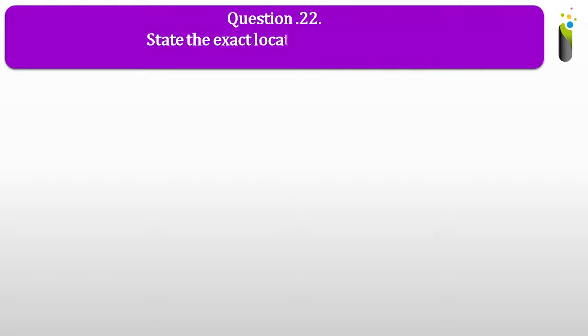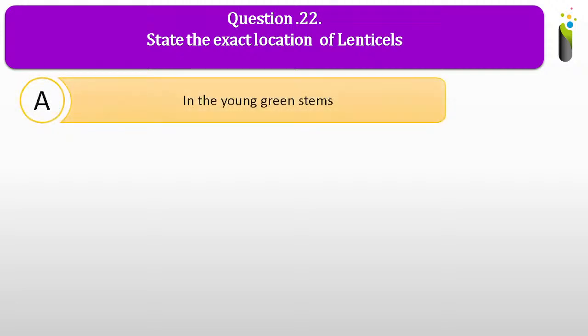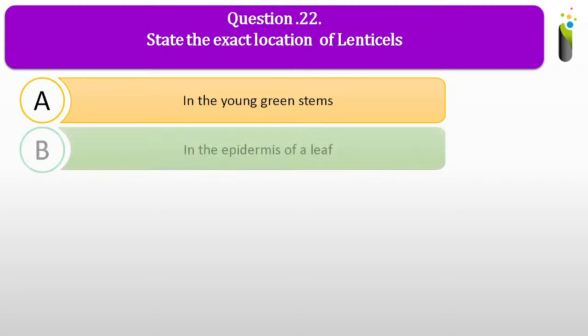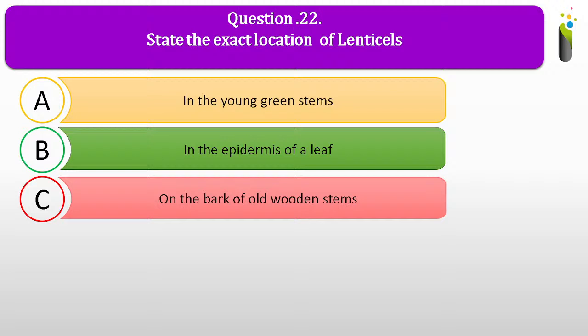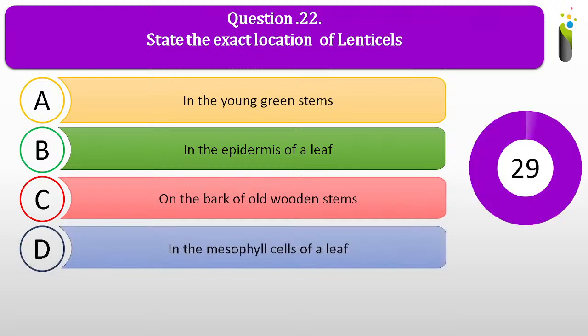Question number 22. State the exact location of lenticels. A. In the young green stems. B. In the epidermis of a leaf. C. On the bark of old wooden stems. D. In the mesophyll cells of a leaf.